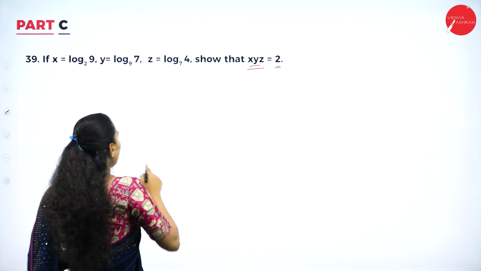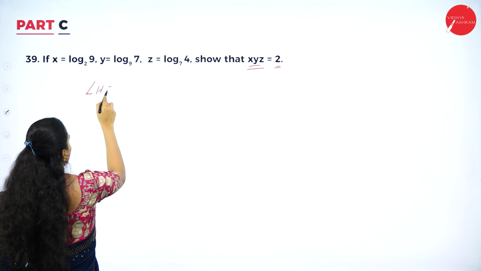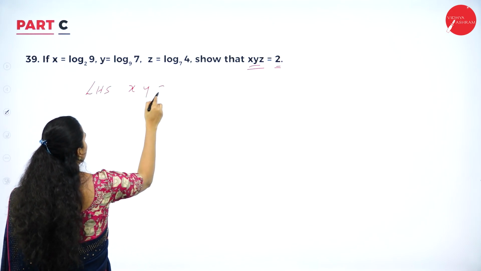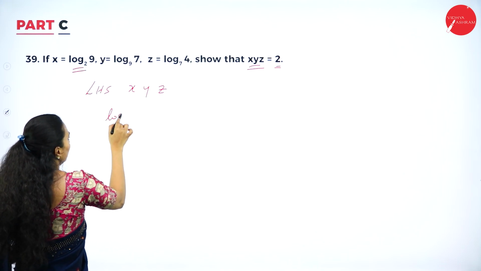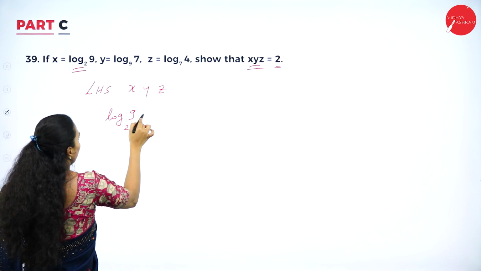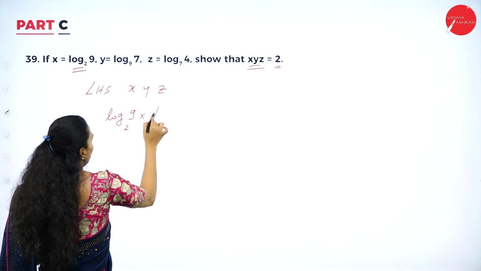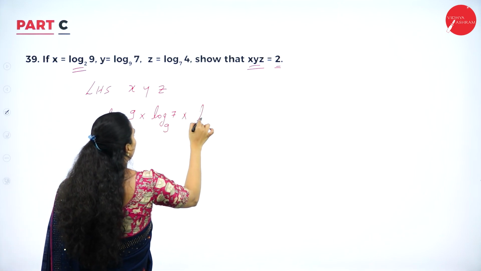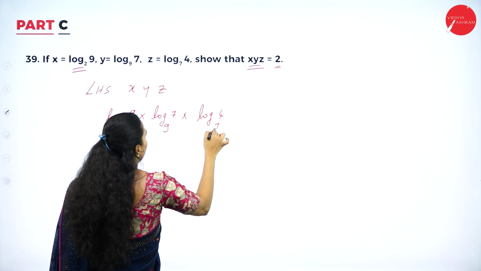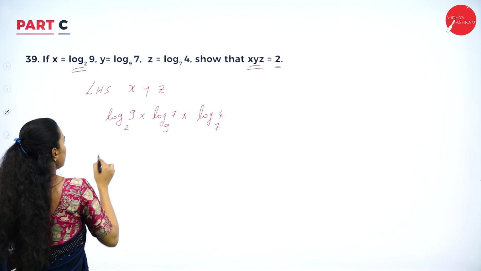So what is the left hand side given? The left hand side is xyz. Now let me write xyz: x is log 9 to base 2, into y is log 7 to base 9, into z is log 4 to base 7. Now let us simplify this one.